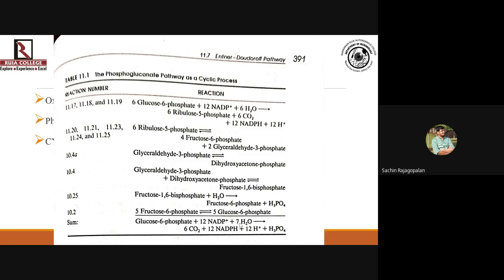So if you start with 6 glucose 6-phosphate molecules, such that 6 rounds of HMP are taking place, you will end up with 5 glucose 6-phosphate. That's the idea over here, because you're removing 6 carbon dioxide, so 1 glucose molecule will be reduced. Is that very clear to all of you?